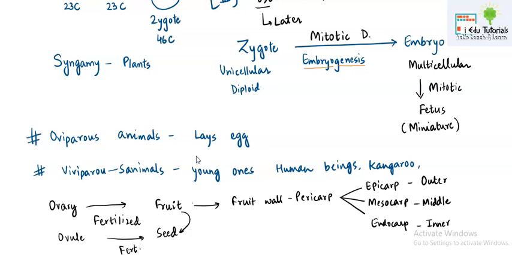So if I draw the structure of a mango, then the peel which we take out is the epicarp, the fleshy portion which we eat is the mesocarp, and the stony portion which is present inside is known as the endocarp. With this, we come to an end of chapter number 1. Thank you.